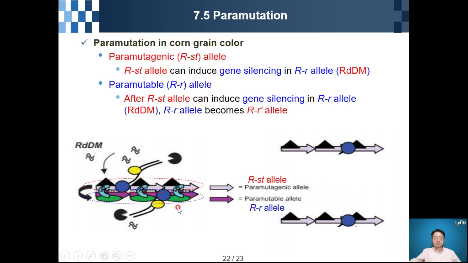Especially here, the paramutagenic allele can induce gene silencing in the paramutable allele by using RdDM. After that, the paramutable allele becomes the R prime allele, which means the paramutable allele is also highly methylated.